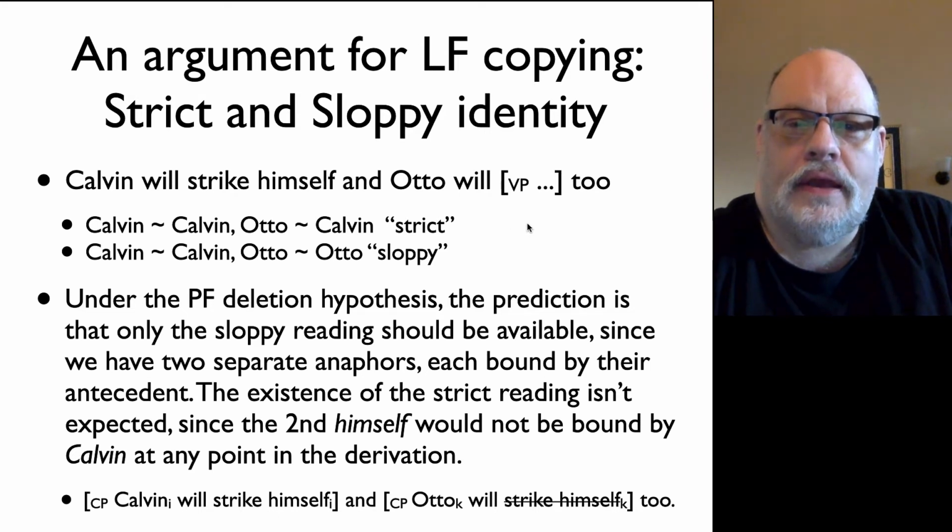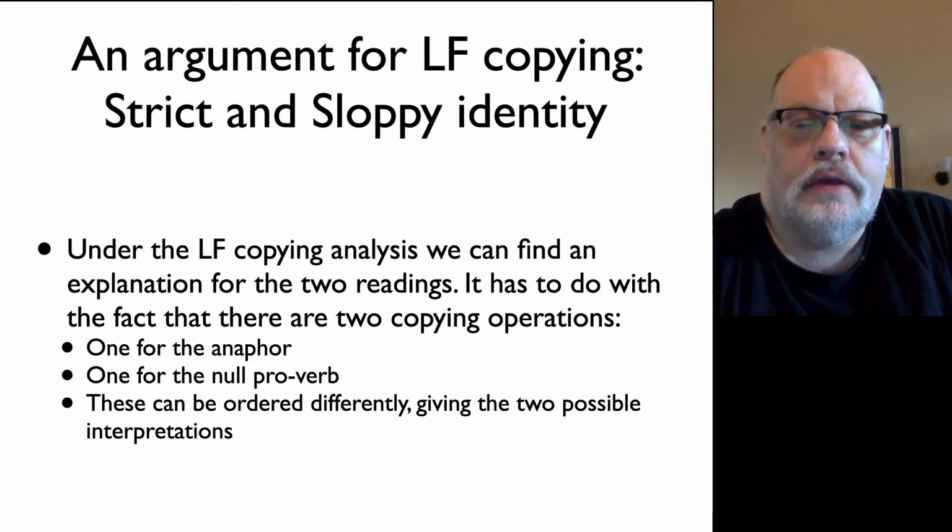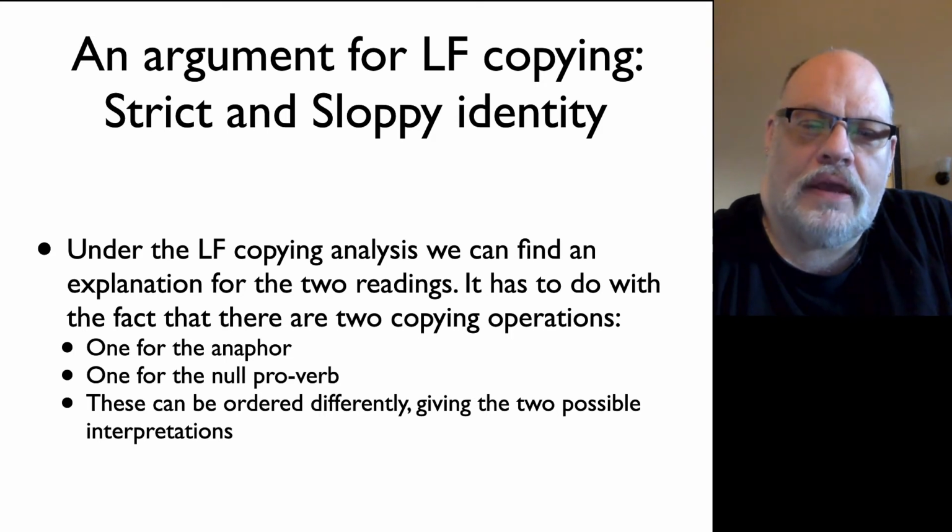However, the other part of this argument is that LF copying actually predicts that both of these interpretations will be possible. The reason for this is that under the LF copying analysis, there are really two copying operations.